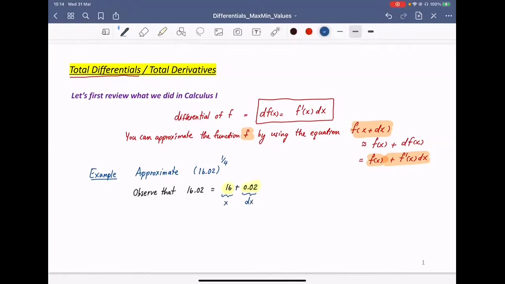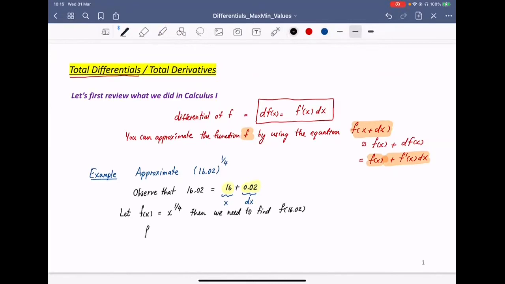And then in calc 1, we say, why don't we set f of x to be x to the 1/4? Once you set f of x equal to x to the 1/4, then we need to find f of 16.02, right? This is what we want.